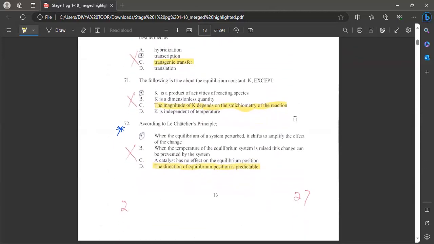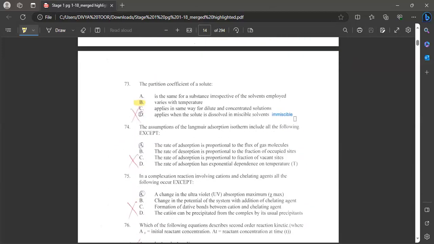Christian, just 1 minute, please. I wanted to ask this one, the partition coefficient of a solute. I know it's not immuno, but I don't know. Can you guys help me answer this? It's the same for us, irrespective of the solvents.